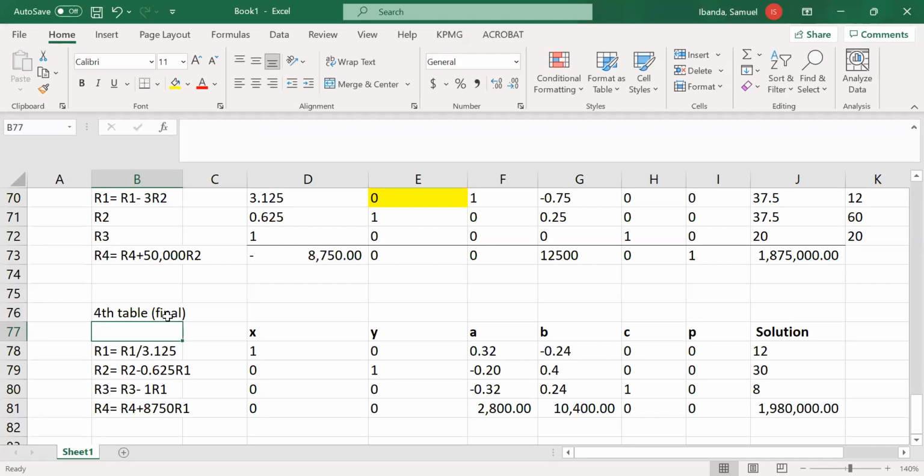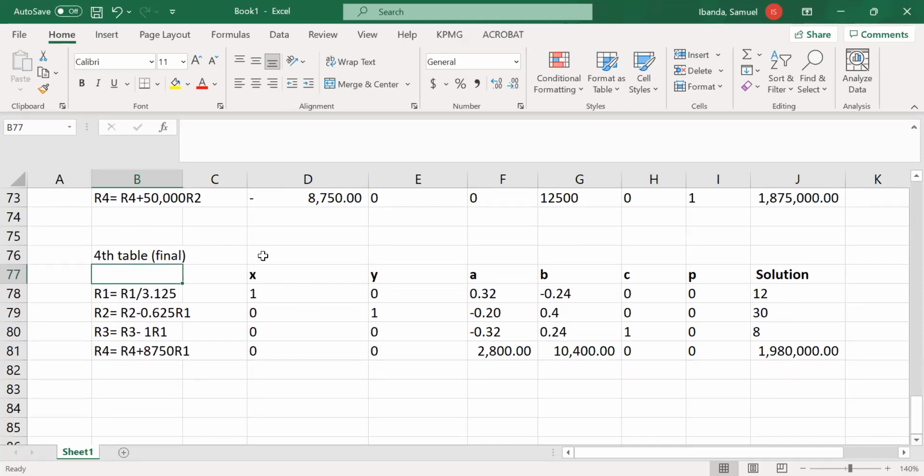So if that is the case, how do we read this information? Now, wherever you see X, when you see X, you come down and see where there is 1, and then move to the corner to the solution. That should be the value of X. Get here, do like this.